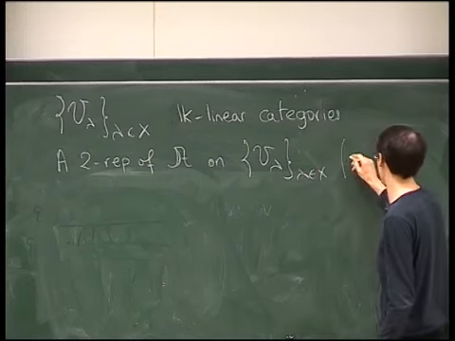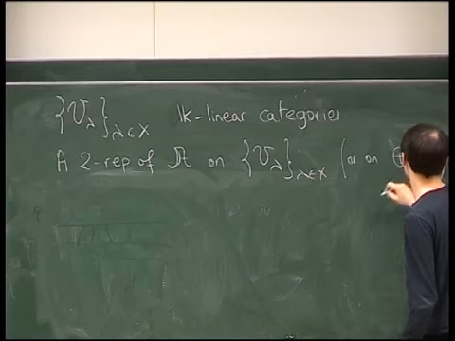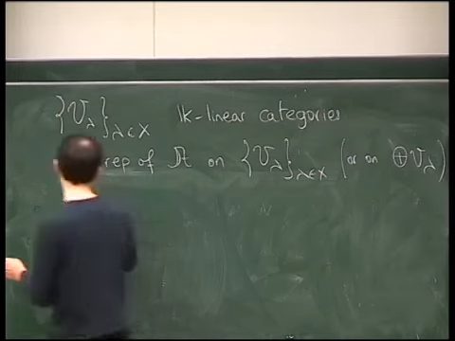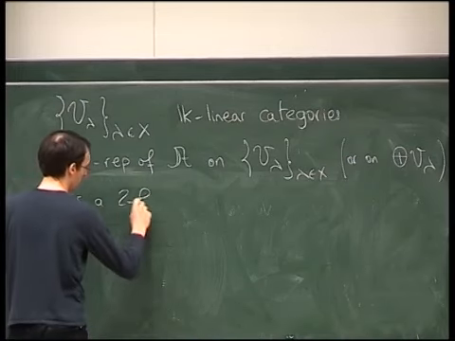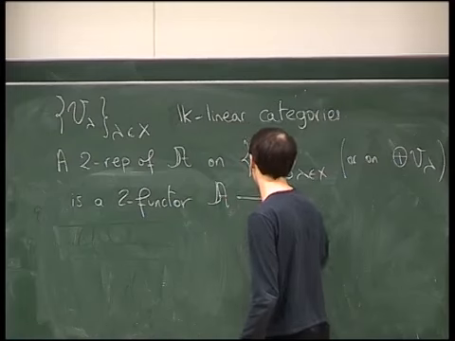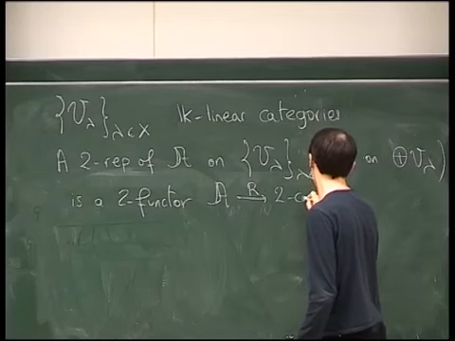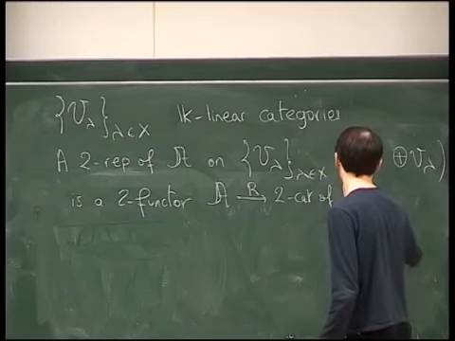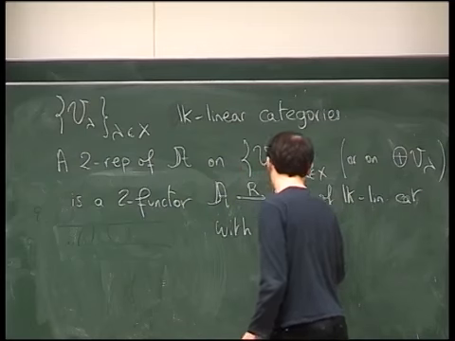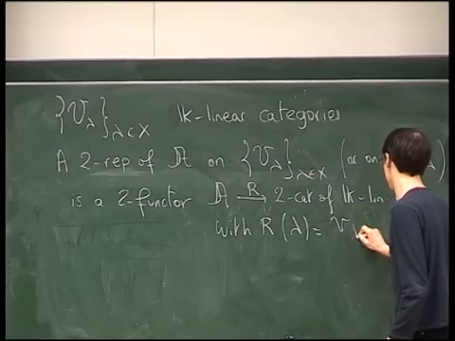And sometimes I will say on the sum of V lambdas. So that's the terminology. So that is a two functor, and that's the last time I will use that terminology, from A to, let's say, R, the two category of K-linear categories, with R of lambda equals V lambda.